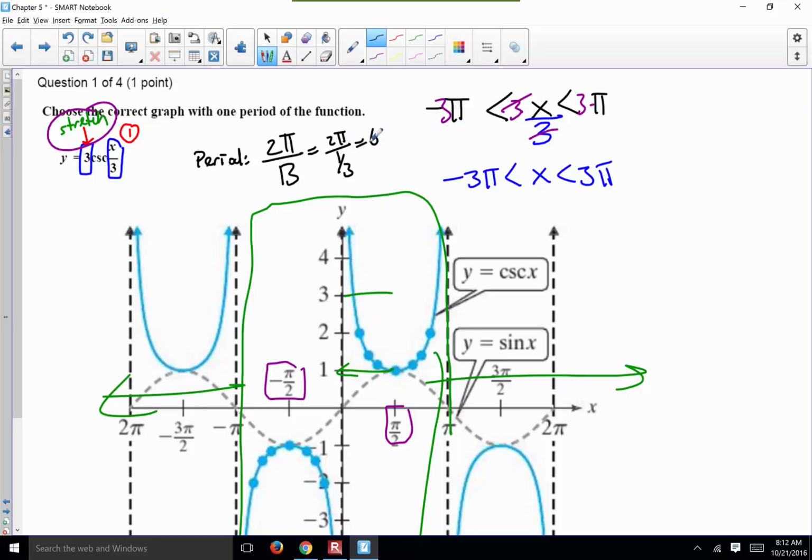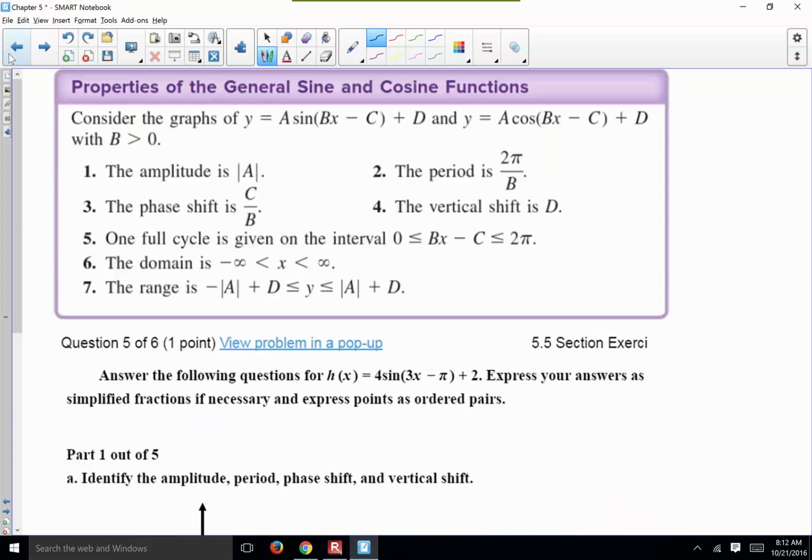I flip and multiply, it's 6 pi. Or in other words, you pretty much measure the distance between these two. It's 6 pi. How do I know this period calculation? 2 pi over B is the period of sine and cosine. It's the same thing for secant and cosecant as well.